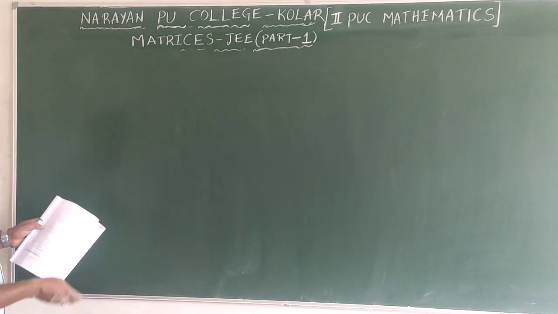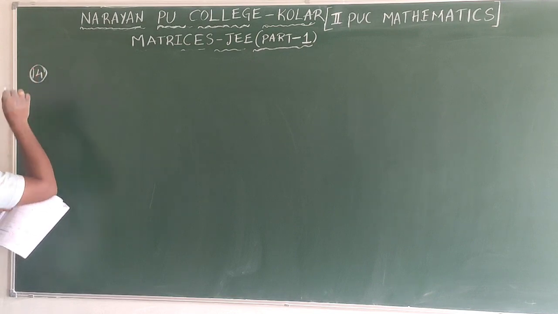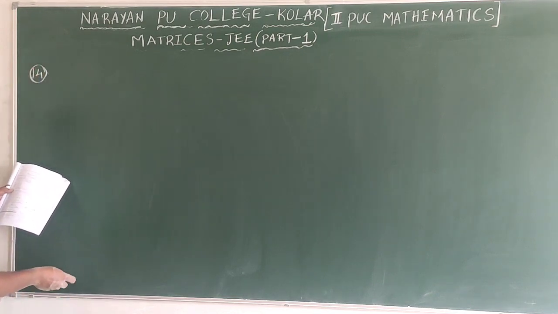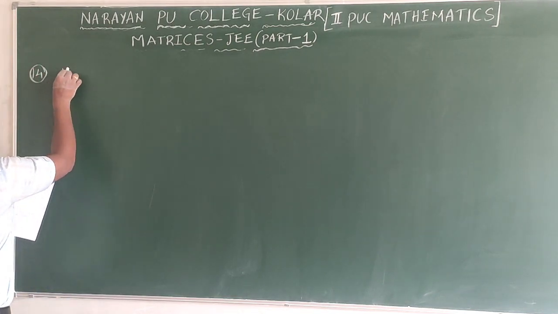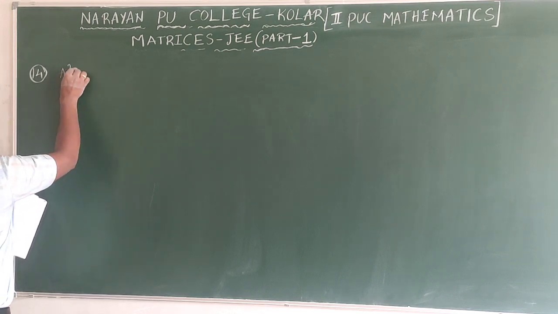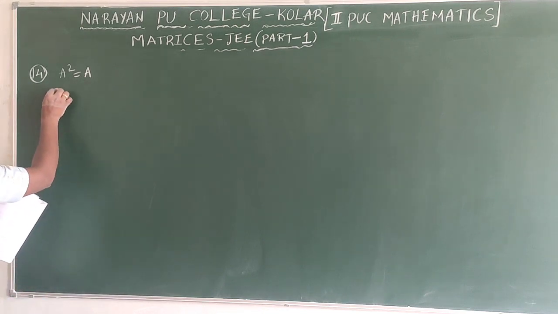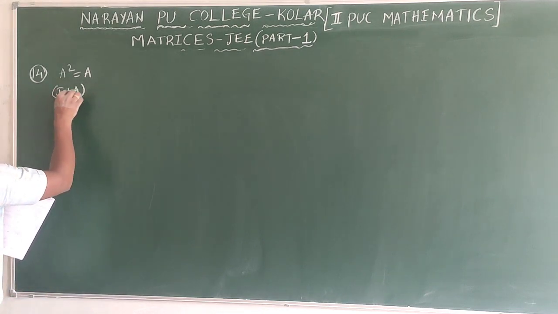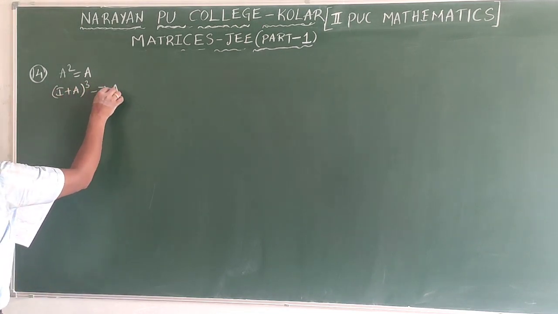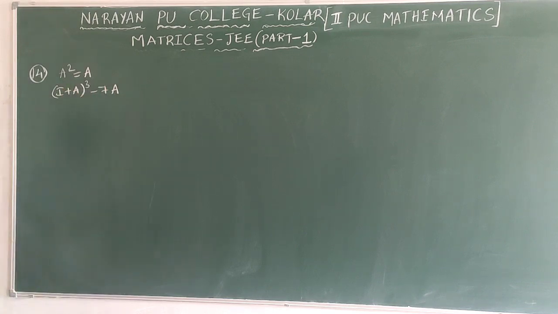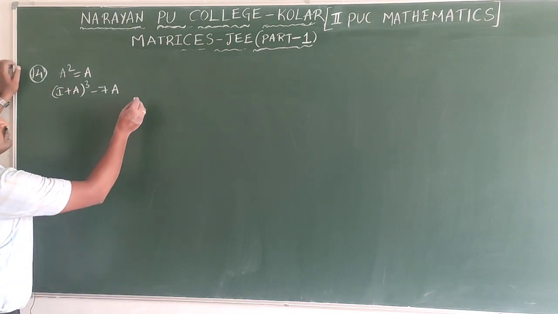Question number 14. A is a square matrix such that A square equal to A. They are asking (I plus A) whole cube minus 7A. Actually, it is a PE question. A square equal to A condition is given. This is (A plus B) whole cube.